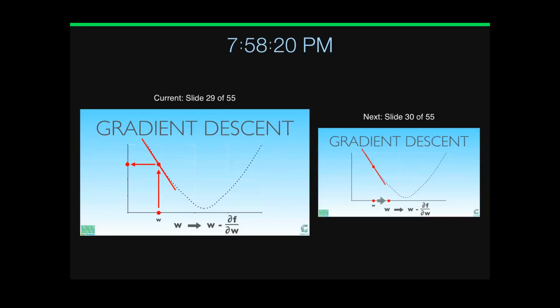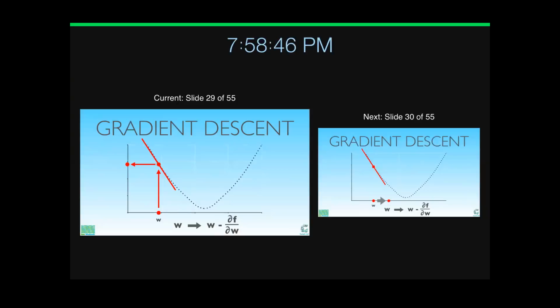Do one step in the direction of going down. This is the rule. I take the weight and I update the new value of the weight with the old value minus, this is fancy math to say the gradient, the slope at that time.